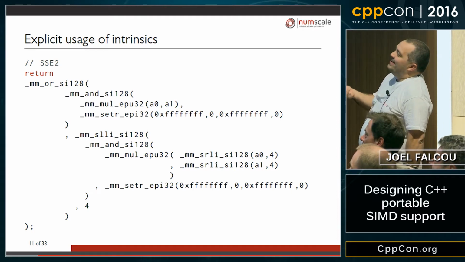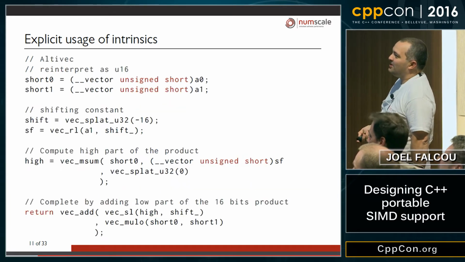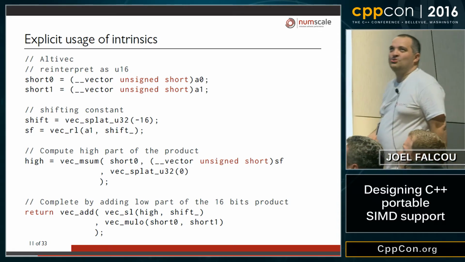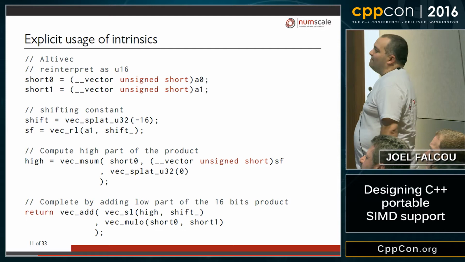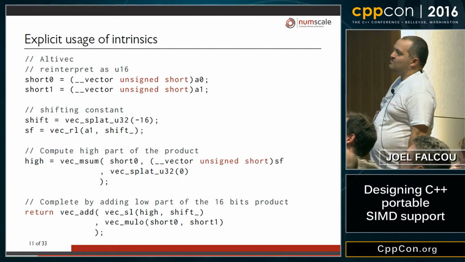And it's no better if we go back to the good old AltiVec. It's a bit less contrived, but it's still a bunch of code to write. I'm really pushing the envelope there. Most of the time, it's not that bad.